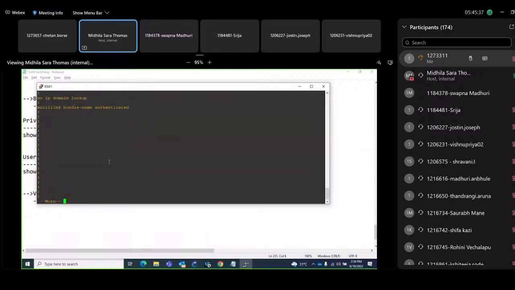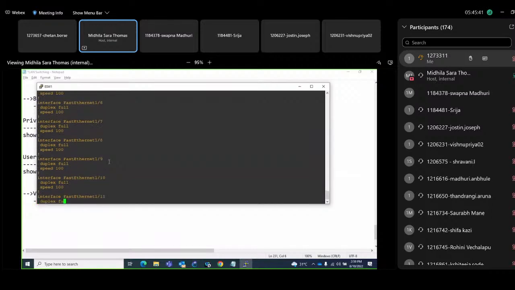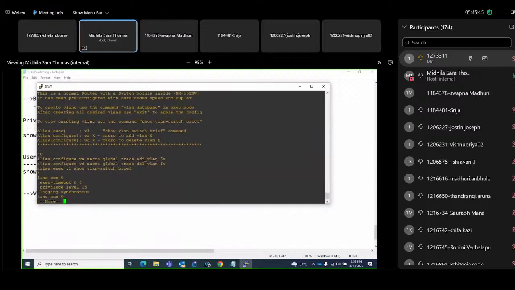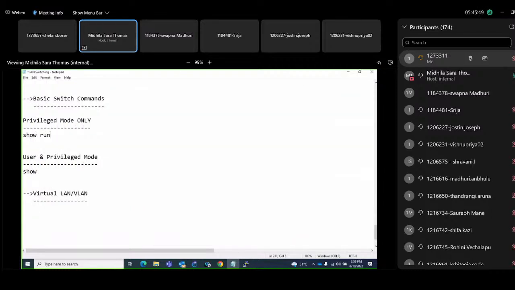Yes, it works here. It's a big output actually, but don't worry about it, you won't understand it. So show run, show running config, that is the running configuration file. Similarly, the startup config. These two commands work only in privileged mode.